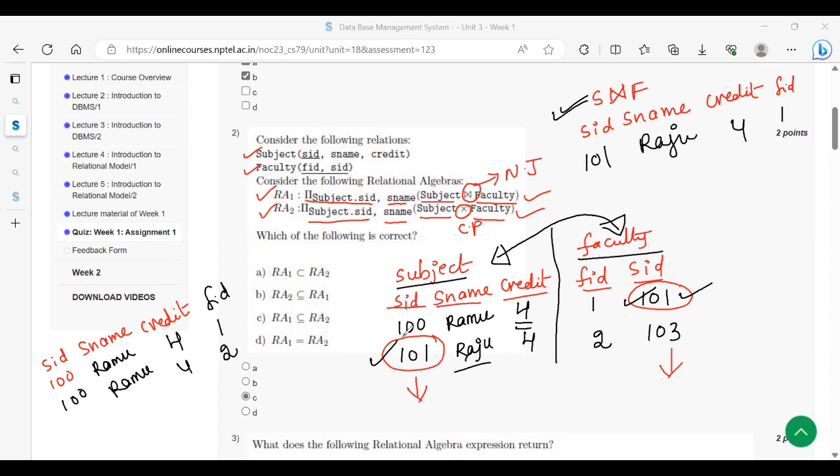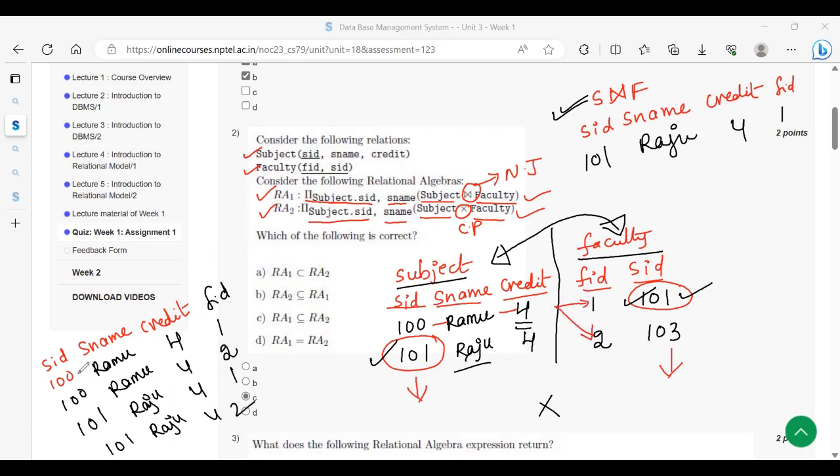When I say cross product, I will explain what happens, don't worry. Now 101 Raju 4 1, and 101 Raju 4 2. When you have this cross product, 100 Ramu 4 connects with FID first and second.